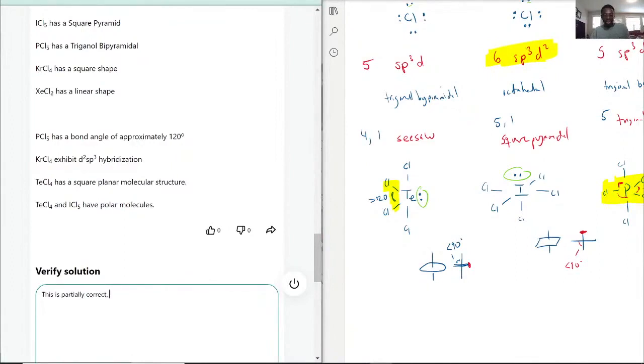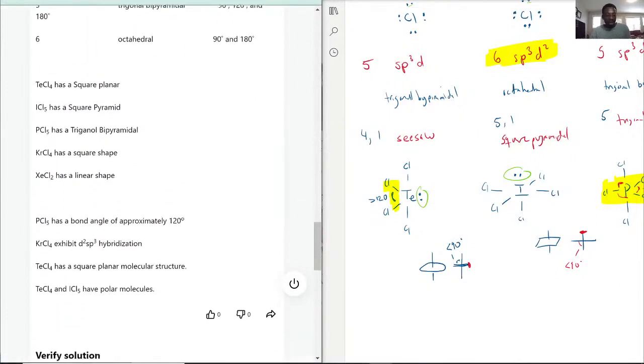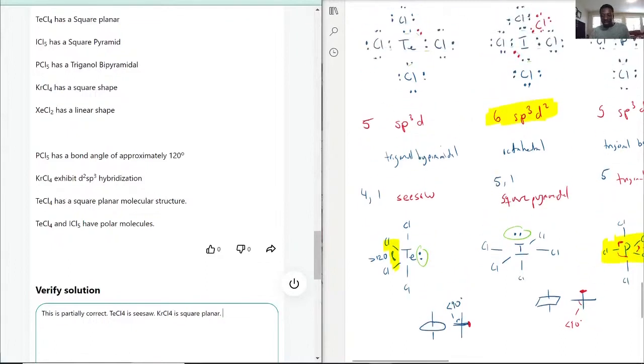So TeCl4 is seesaw. What else did they miss? Let's start from the top. TeCl4 is seesaw. Okay. KrCl4 is square planar. Where is it? Oh, there.